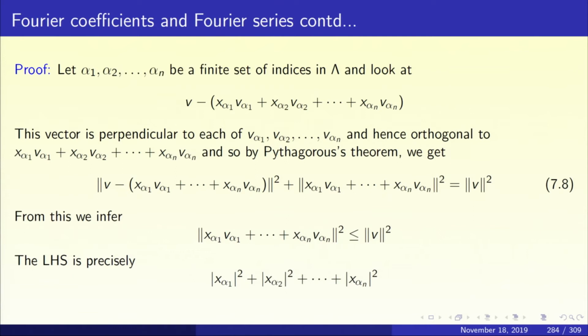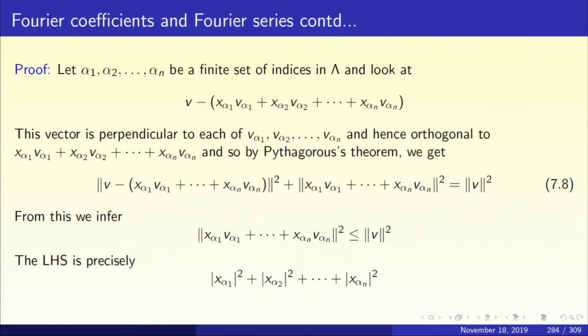So, v alpha 1 dot v alpha 1 is 1, v alpha 1 dot v alpha 2, v alpha 1 dot v alpha 3, they are all 0. So, we are simply left with v dot v alpha 1 minus x alpha 1 into v alpha 1 dot v alpha 1, which is 0 by definition of x alpha.